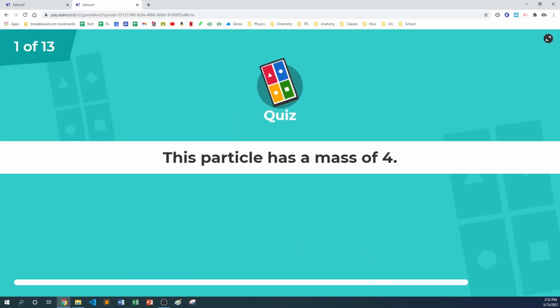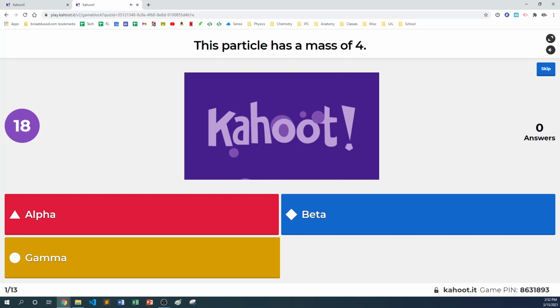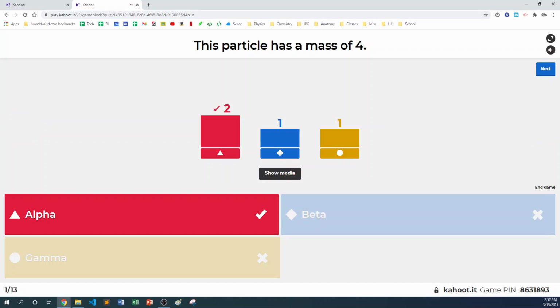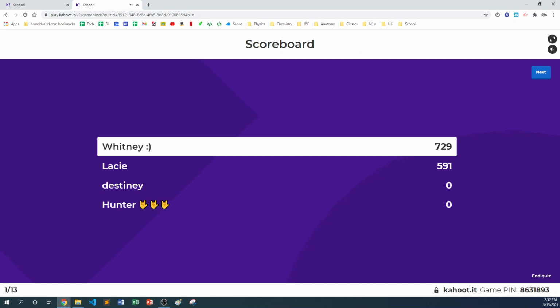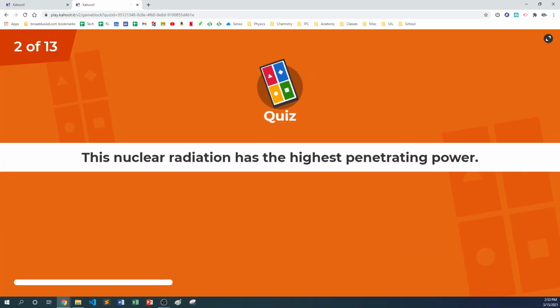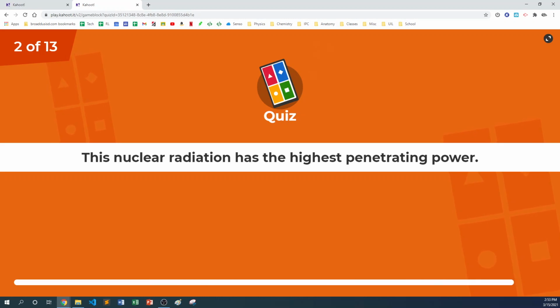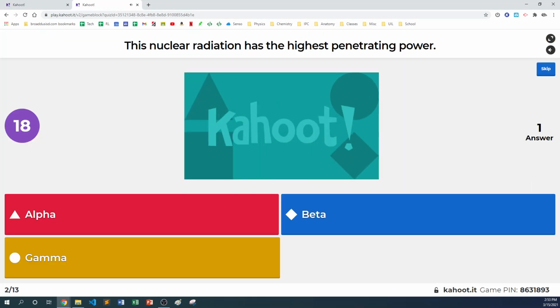This particle has a mass of 4. Did you really just look at the camera? That'd be an alpha particle, or helium nucleus. Which nuclear radiation has the highest penetrating power?